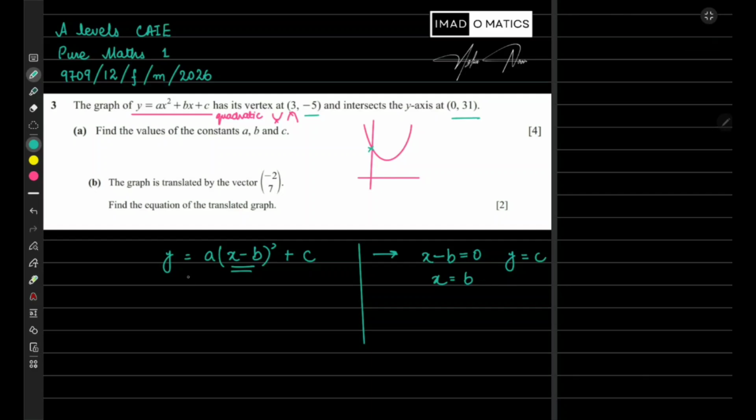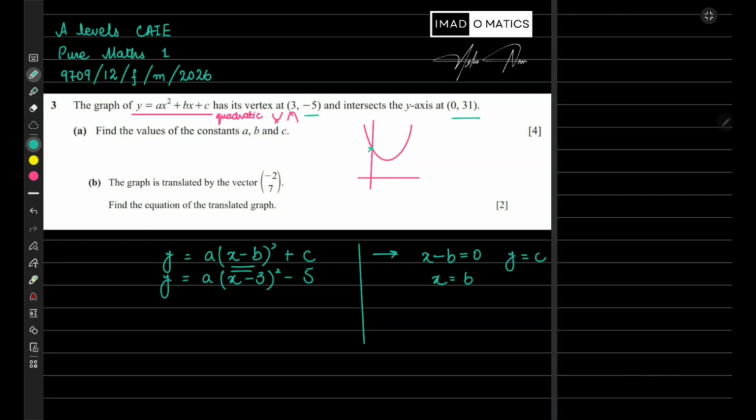So we can write the above equation in the same format as (x minus 3) square plus minus 5, inferring from the root form.